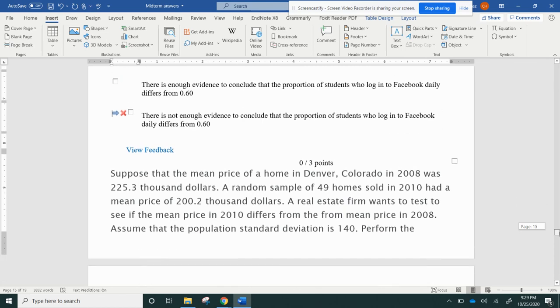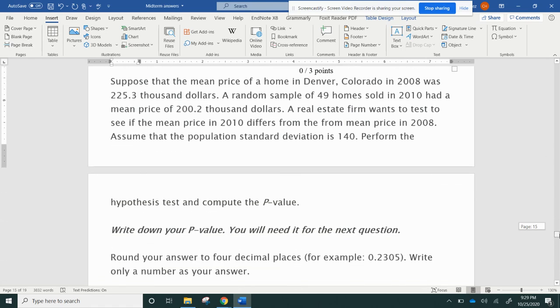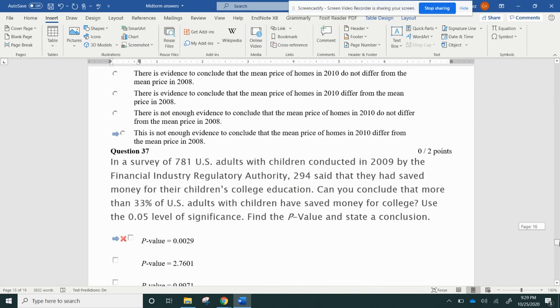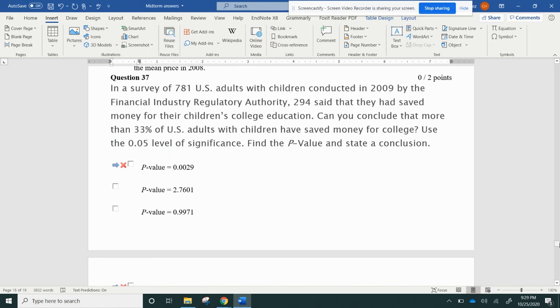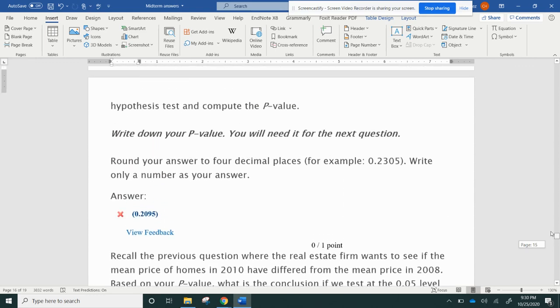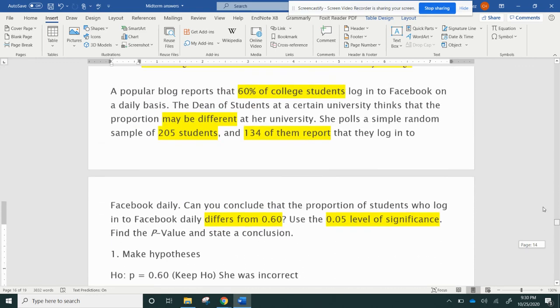Let's do the last one together. I'm going to skip this one because it's a mean, and let's go here to 37. In a survey of 78, this is the same. Is this the same one that we just did? I think it might be.